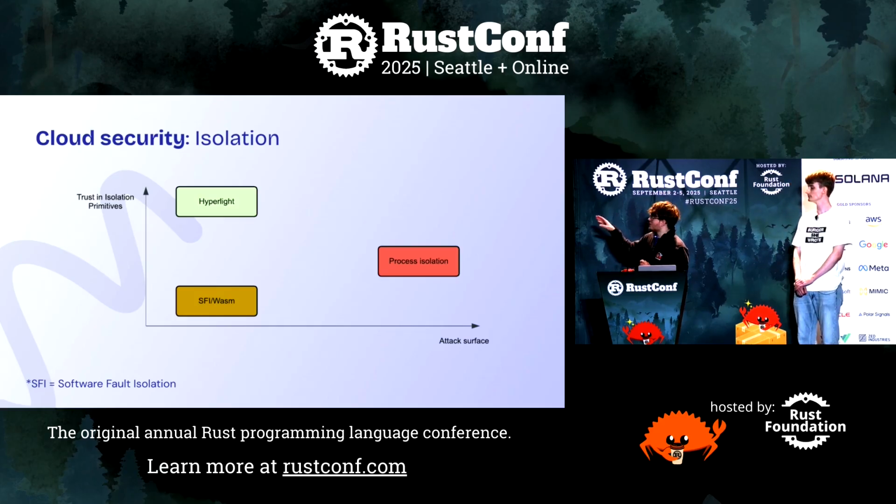On the rightmost side, to start off, we have process isolation. Its placing on the graph is midway through the trust in isolation primitive, meaning that we more or less trust it. But it has a massive attack surface. That's because when you say process isolation, you should think of something that uses kernel features to be isolated. Think cgroups, namespaces, containers, where you're leveraging the Linux kernel, and so you have a big attack surface to work on.